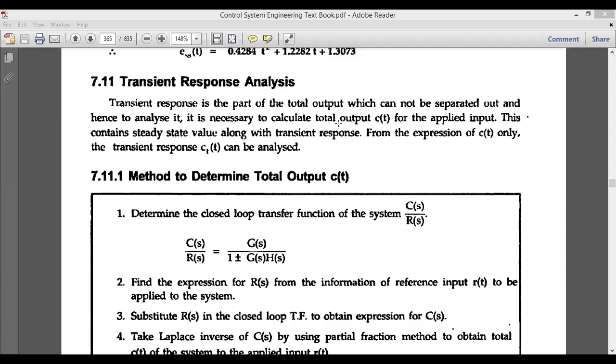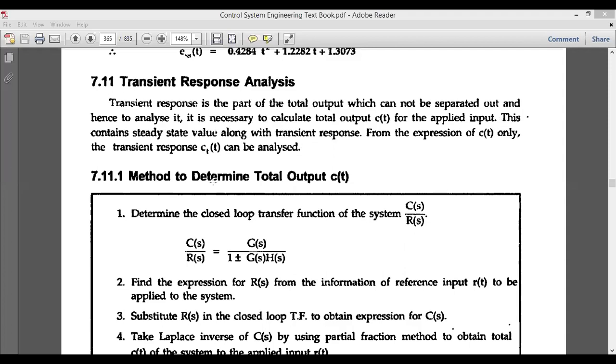For example, if you are applying some input to a control system, then you need to analyze and calculate the total output, that is C of t. This can only be done by studying the transient response, and that will also contain some steady state values, or some steady state error.